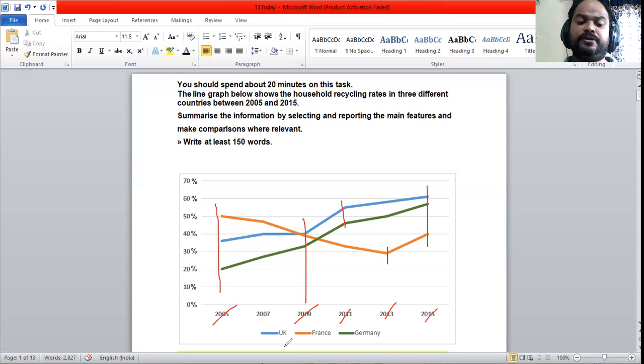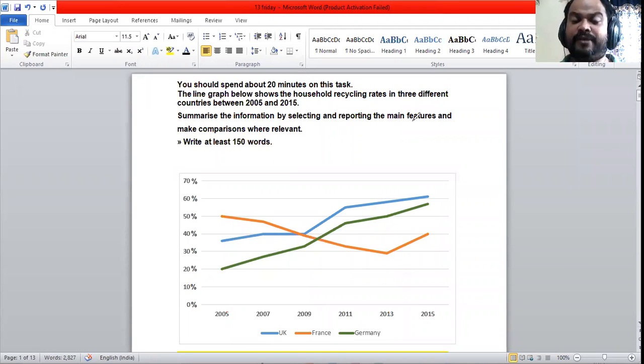We need to mention UK, France, Germany, and these things here. So this is our plan. So all these things are marked.